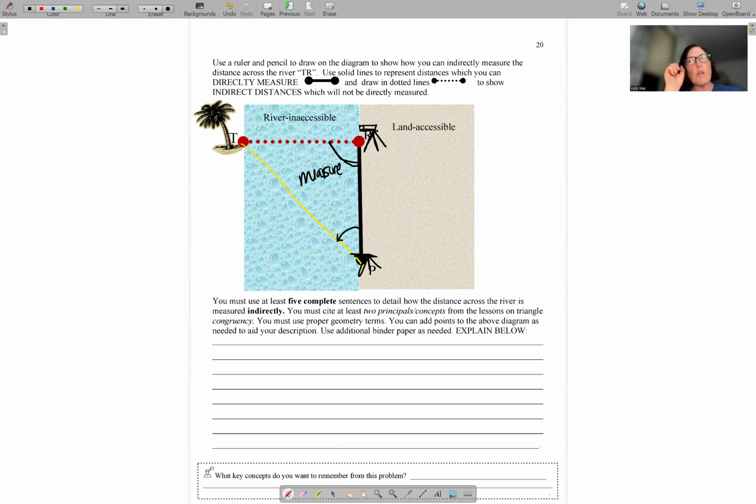So you'd be able to take those two angle measurements, as well as you could measure that distance right down the middle. Ask yourself, could I create a triangle on land that is exactly the same as the triangle over water?